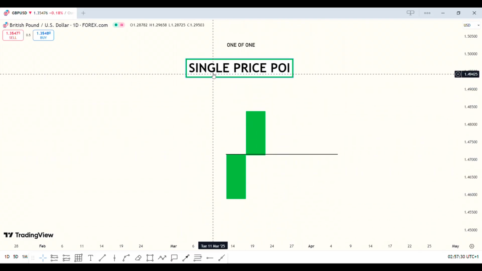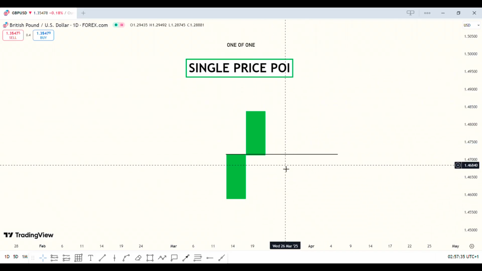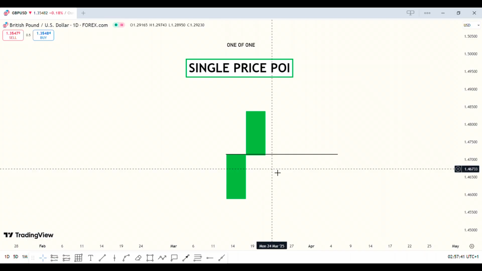So what validates a single price? What we are looking for is a single price within our zone that we can anticipate price reacting from, or getting to and presenting us with a trading opportunity.